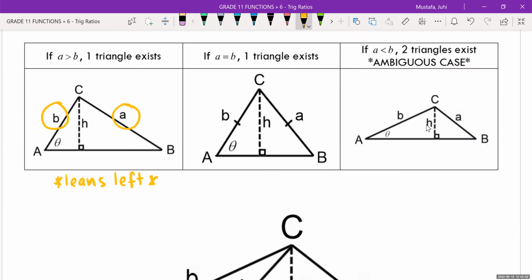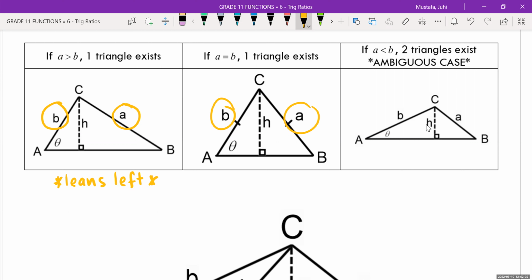If it's leaning towards the left, that means side length A is longer than side length B, and only one triangle exists. If you compare A and B and they are exactly the same, that means it's an isosceles triangle, and again, only one triangle is going to exist.